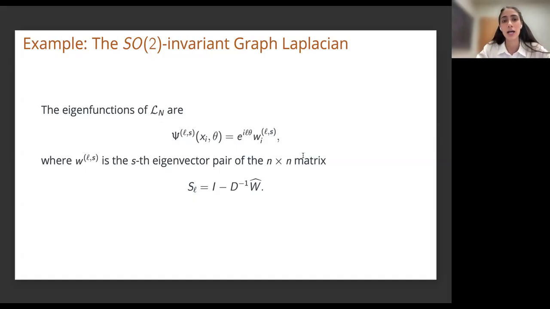So if we want to compute the eigenfunctions of Ln, in this case, we just have to find the eigenvectors of these matrices that depend on L. So there should be an L here, the superscript. I think that this is a really beautiful result where Fourier analysis allows us to simplify things.